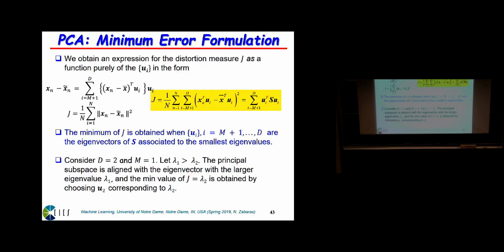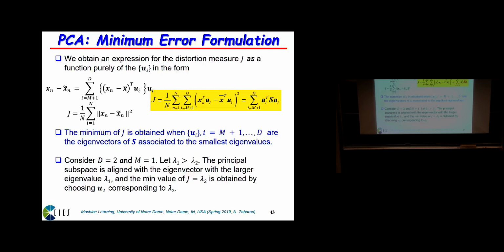Obviously, you're going to get the eigenvalue problem for S. So the vectors you see here from M plus 1 to D, because you need to minimize, will give you the eigenvectors of the S matrix from M plus 1 to D. Obviously, if you want to minimize, these ui have to correspond to the smallest eigenvalues of the sample covariance matrix, from M plus 1 to D. Do you see that?